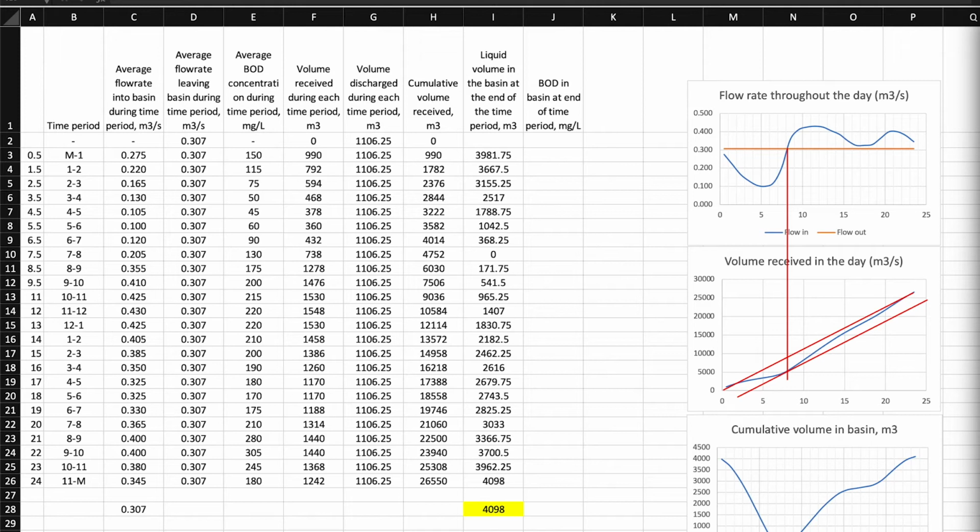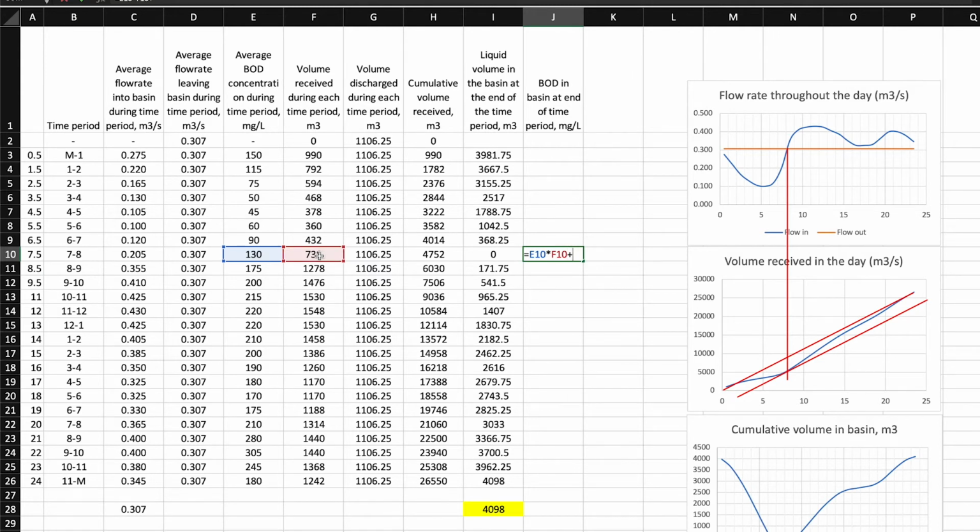So next, what we want to do is calculate the concentration of BOD in the basin at the end of each time period so that we can see what effect this equalization basin has on the BOD loadings into the treatment plant. Again, we're going to start at that time period where there is no water left in the tank, and we're going to take the average BOD concentration during that time period and multiply that by the volume received during that time period.